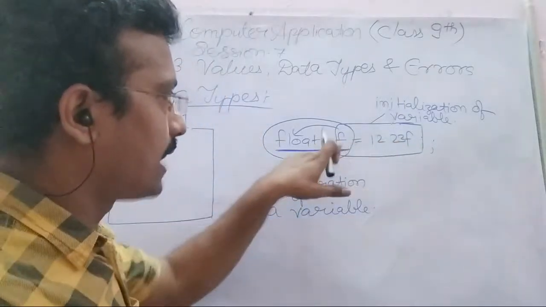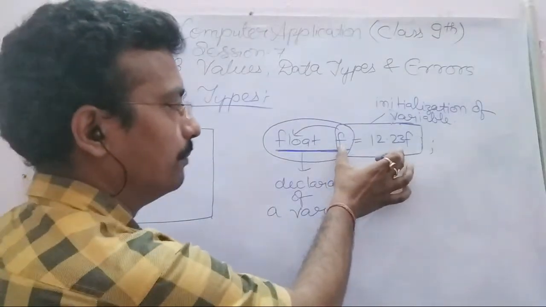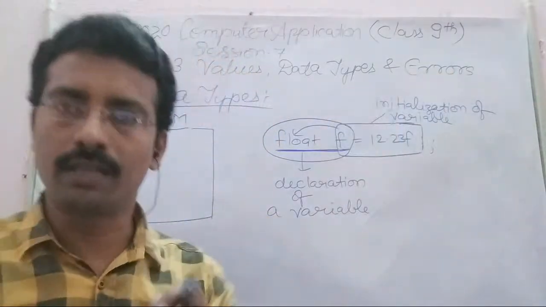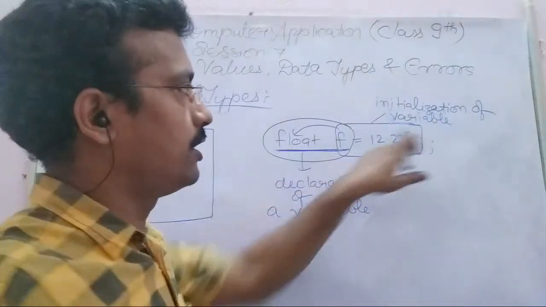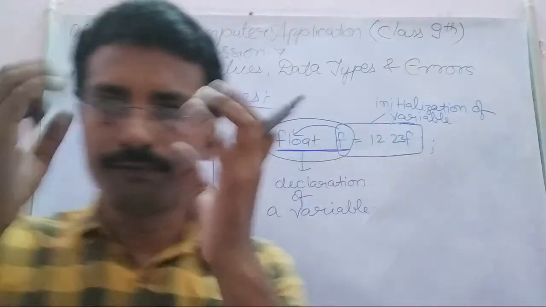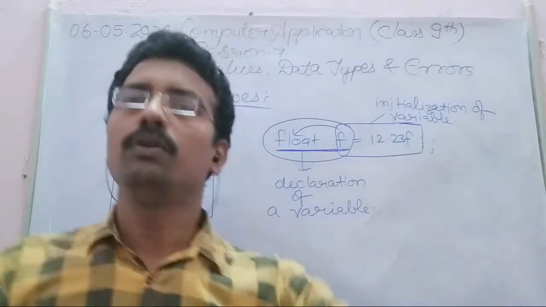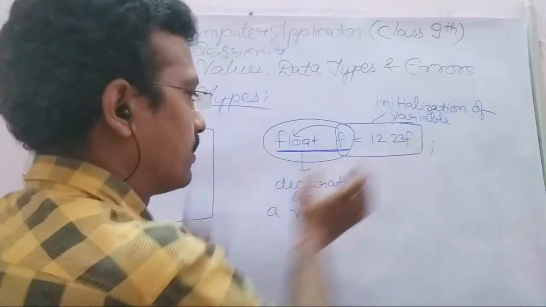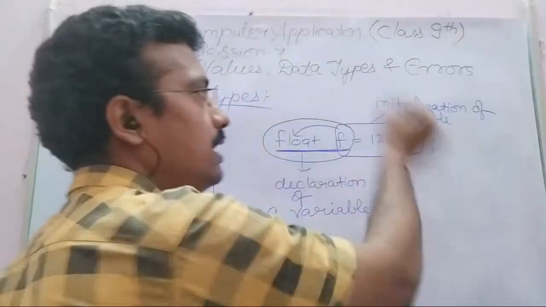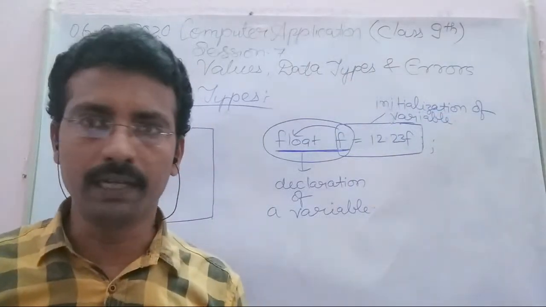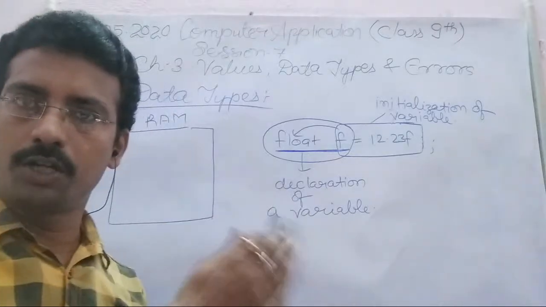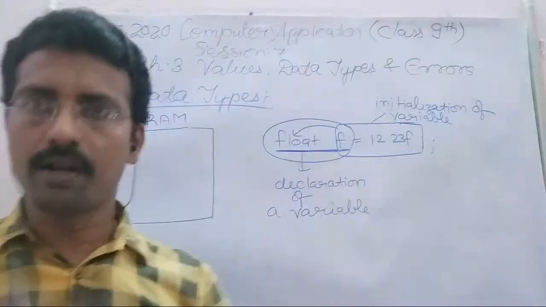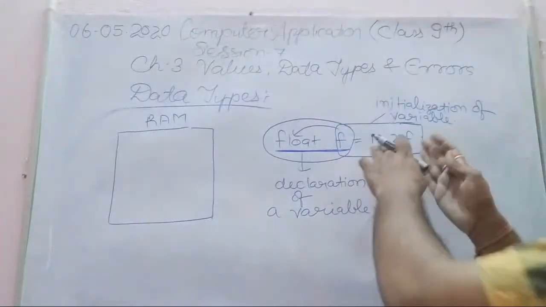So while assigning, when we give this value, this statement, or this procedure, is called initialization of variable, giving the first value, initial value of the variable. So this statement is divided into two parts: declaration of variable and initialization of variable. Hope clear with all these terms. These are the logical terms you will utilize many times in Java to keep learning one by one. Okay, now we will see this line.